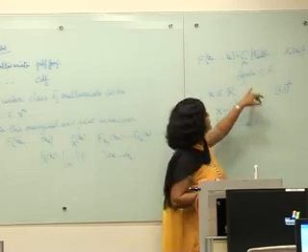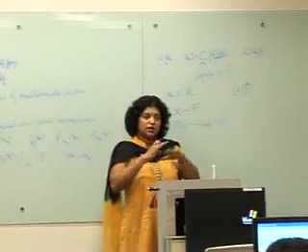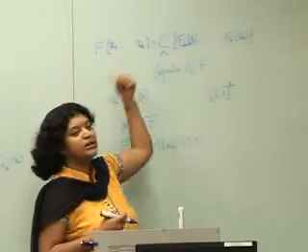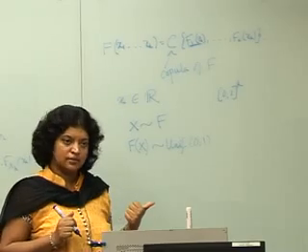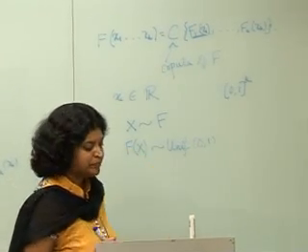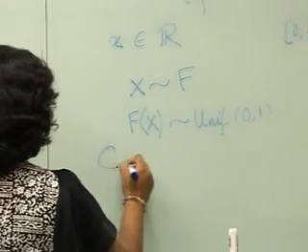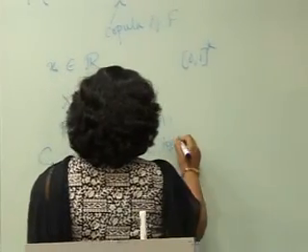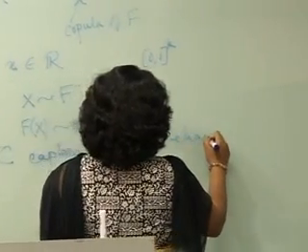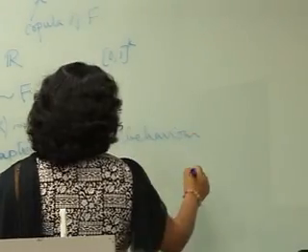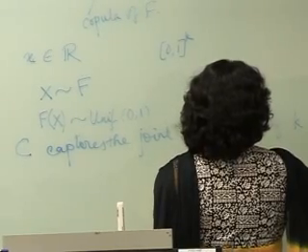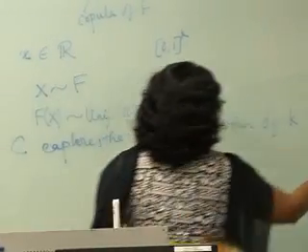If you have uniform 0, 1 random variables, so now all of them marginally are uniform 0, 1, but even then what is their joint behavior? That will be captured by the C. Okay, so that is the function C. So C captures the joint behavior of K uniform 0, 1 random variables. So marginally they are uniform 0, 1 random variables.